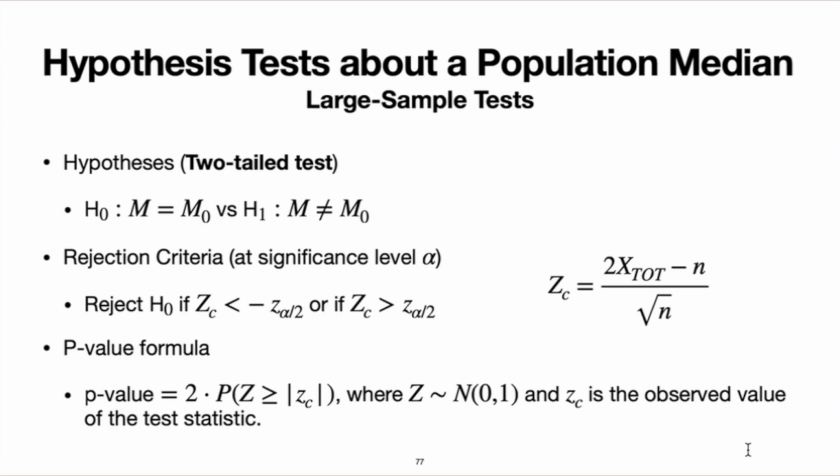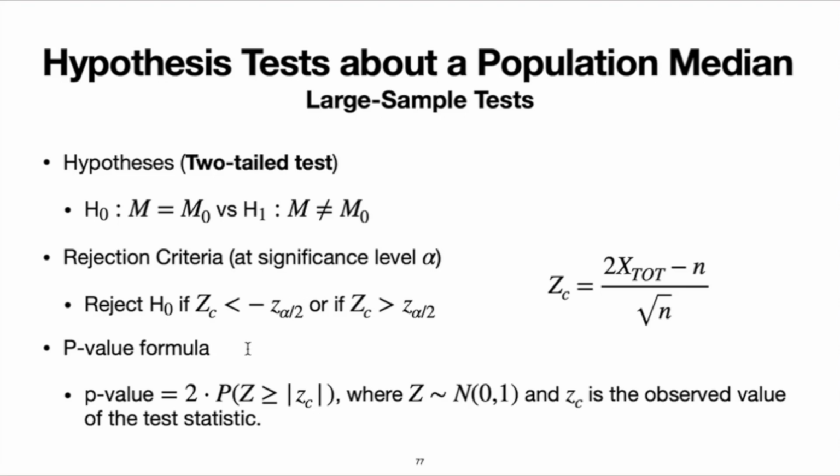Let's put all this together. So if we wanted to perform a two-tailed test where the null hypothesis says that the median of the population is equal to some specified value M_0 against the alternative, which would then be that the population median is not equal to M_0, then we would have a two-tailed test. The rejection criteria specified in terms of the test statistic and critical point.